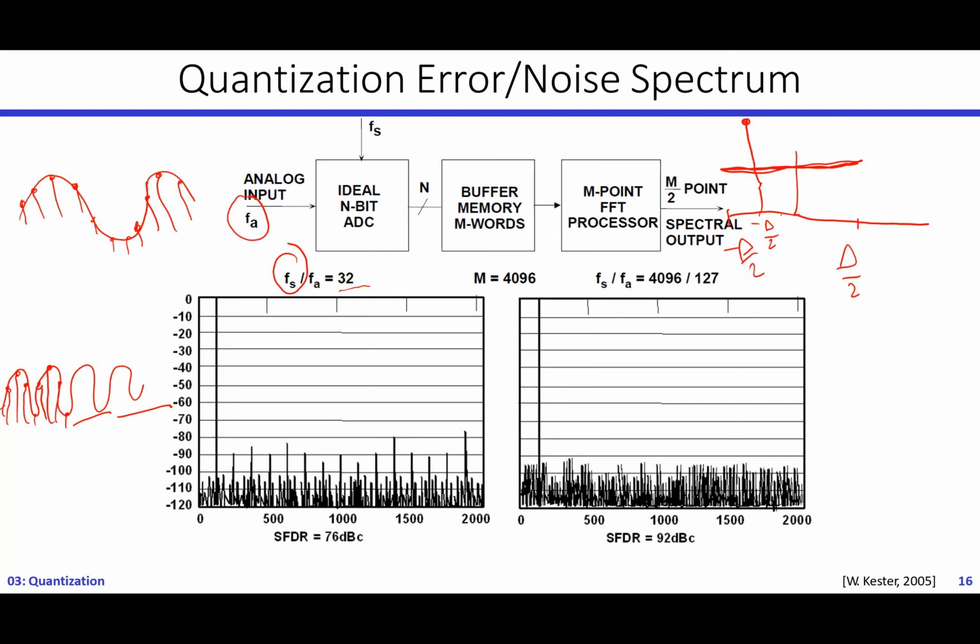So it's not uniformly distributed, because the same error values keep coming. It's not covering the entire range from minus half LSB to half LSB, only certain values of it. All right. Got it?